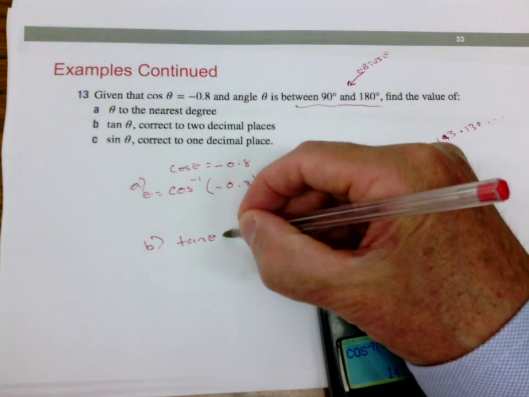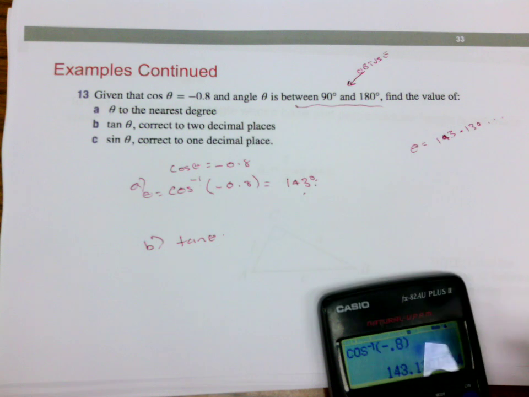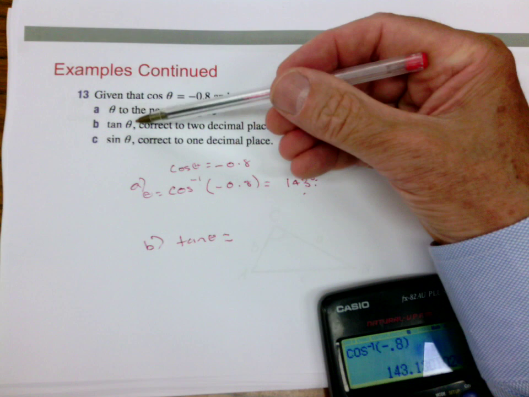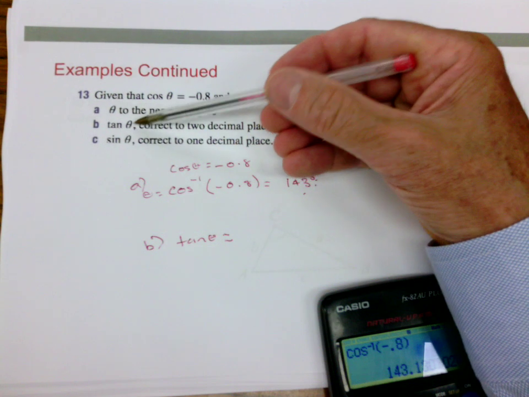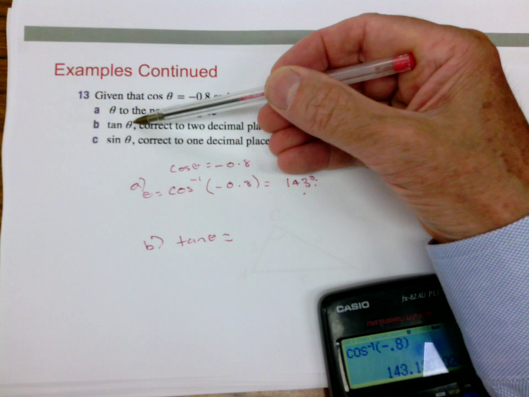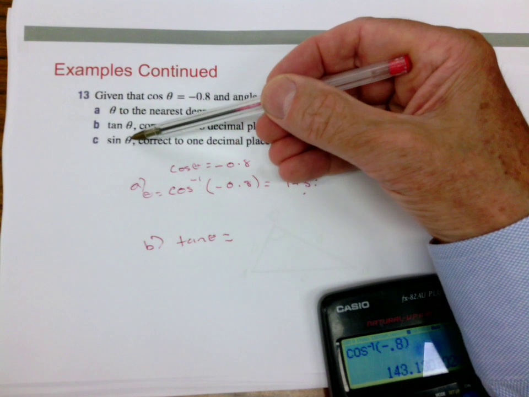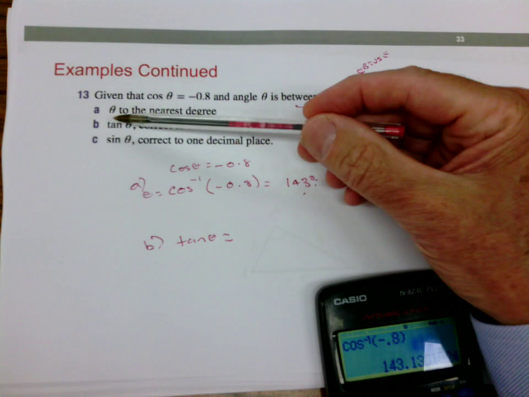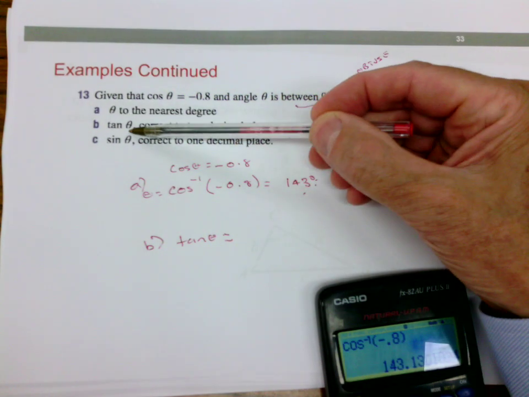So tan theta is going to be equal to, and let's be clear here, are we finding an angle in this one? We're not. The previous one was finding an angle. This is finding a ratio, so we won't be pressing shift. Shift is only when you're finding an angle. The rest of the time, you're just pressing tan.